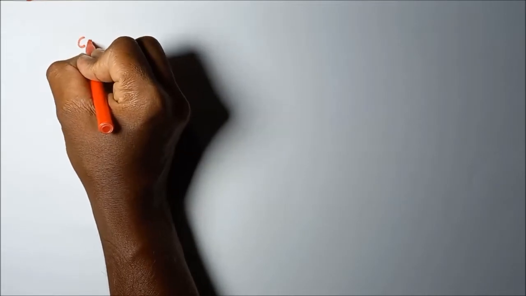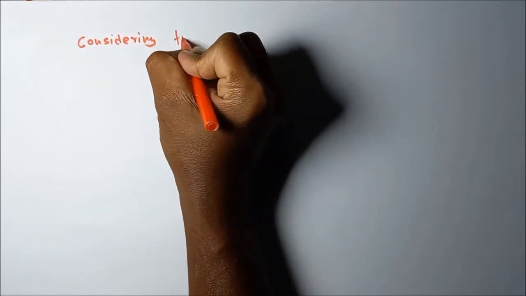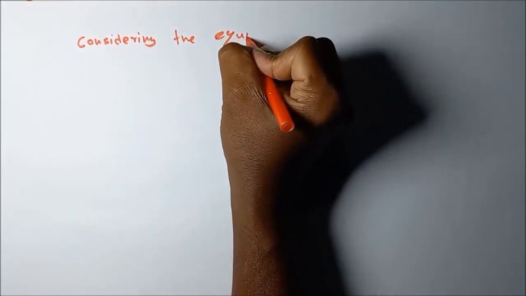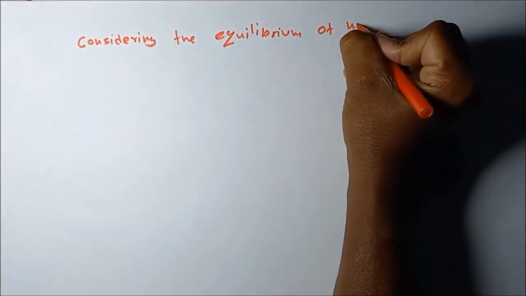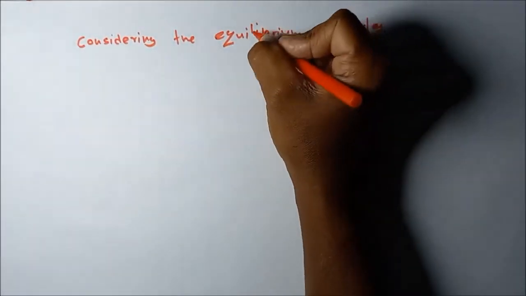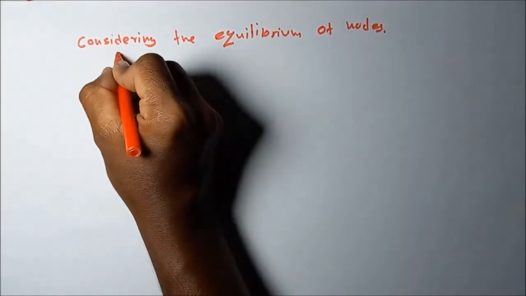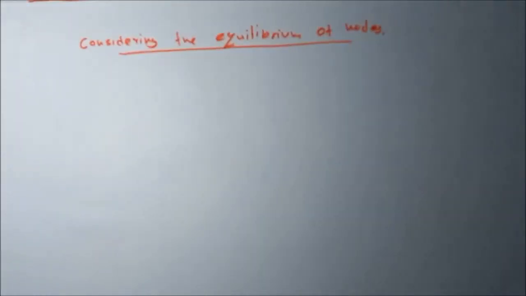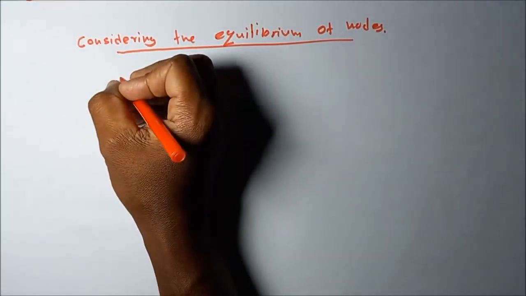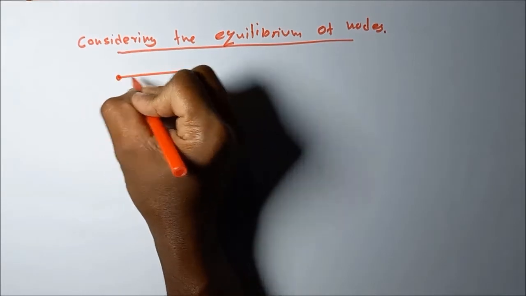By considering the equilibrium of nodes, we are going to assemble these two equations. So how to assemble these two equations? Let's see. I'm going to take the first element.